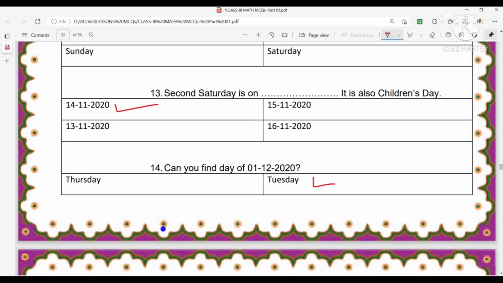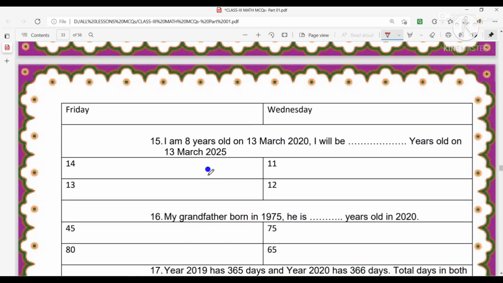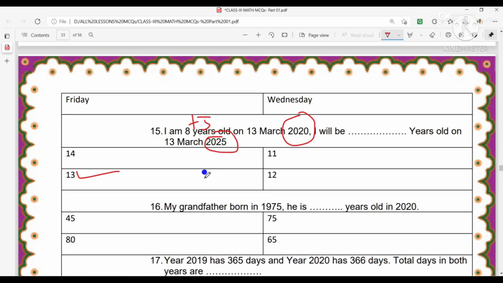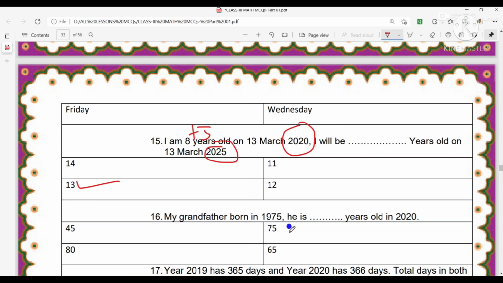Then I am 8 years old on 13 March 2020. I will be how many years old on 13 March 2025? So 2020 and 2025, the gap is of 5 years. So he will be 5 years more. So 8 plus 5, right? So 13 years. Okay. Then my grandfather was born in 1975. How old is he in 2020?